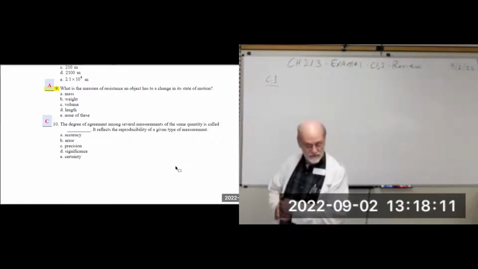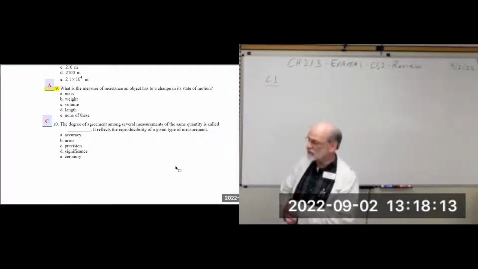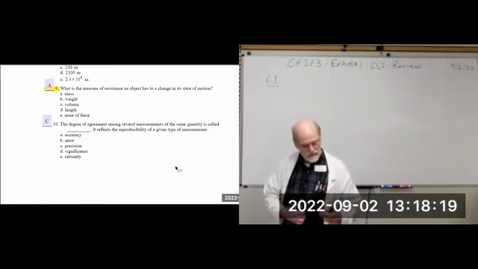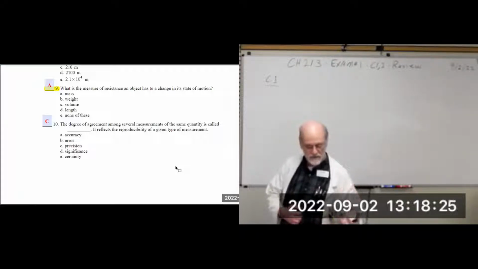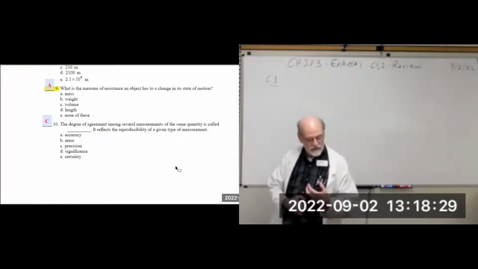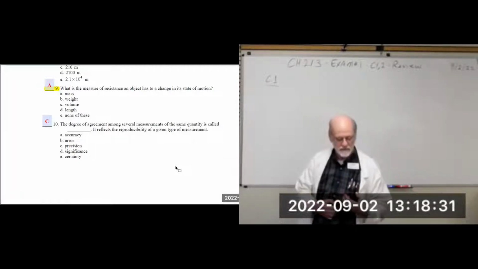It's either weight or mass, right? So which one references the resistance an object has to a change in motion? Does it matter if the object is in a gravitational field or not, or if it's in a large gravitational field like Jupiter or a small one like the moon? To resist change? No. That's mass.